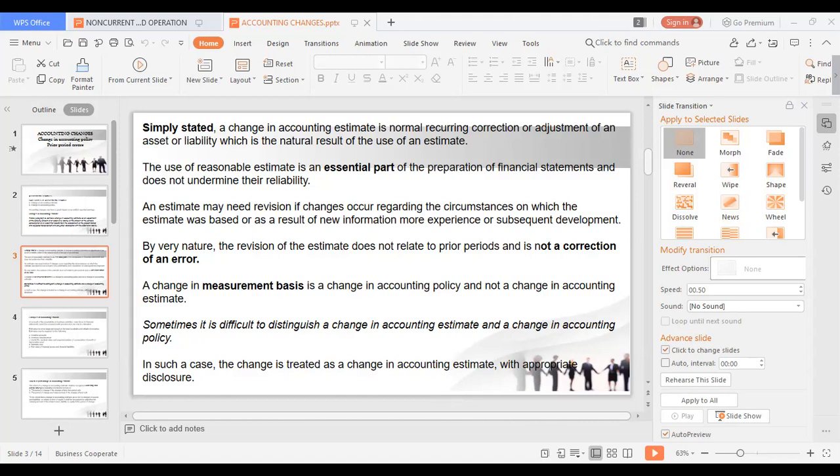Based on the original life of 10 years, we deduct 2 years, so that leaves 8 years for the remaining life. So for 2020, the depreciation expense is 359,000. The accumulated depreciation by December 31, 2020, that's after 3 years, is 2,087,000.